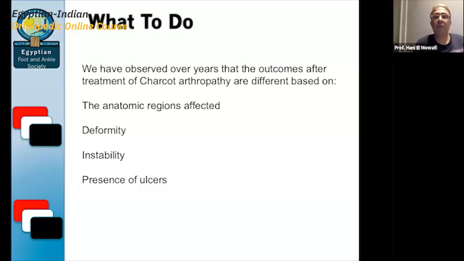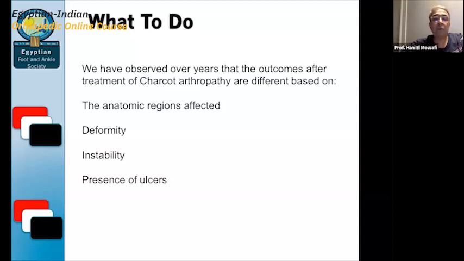So we observed over years the outcome of our cases in treatment of Charcot arthropathy. There are different bases regarding that. The anatomic region affected, how many anatomic regions are affected, if there is one region or more than one region. Also, after the patient reaches the chronic stage or resolution of the acute stage, whether there is any residual deformity.